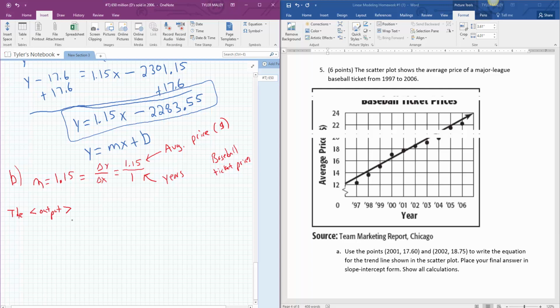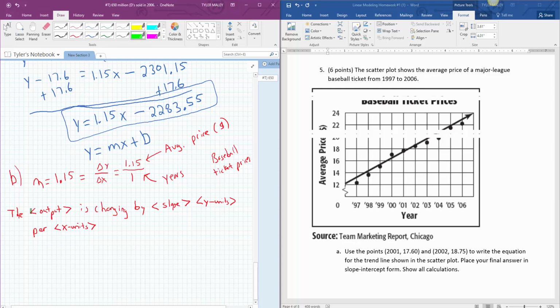So the output is changing by, and then here we'd put slope, and then y units per, and then here you'd put x units. Right?